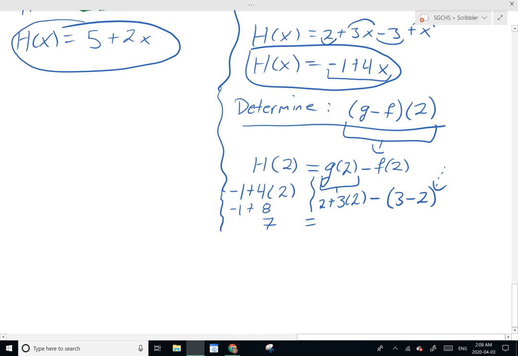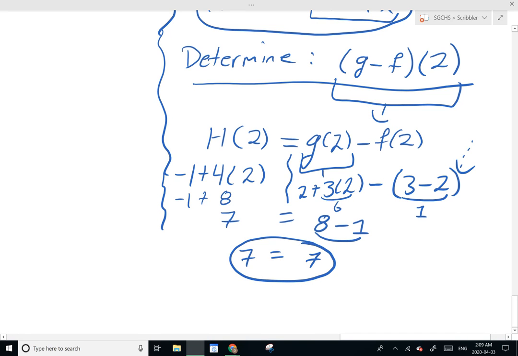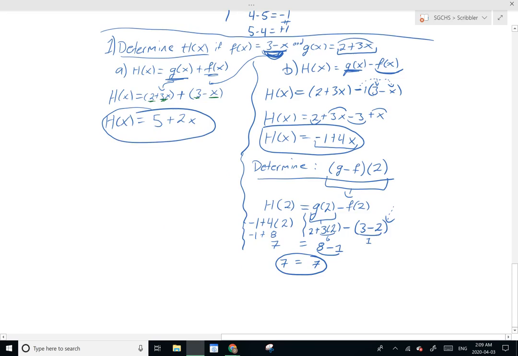Now we can simplify: 3 times 2 is 6, and 2 plus 6 gives 8. Then 3 minus 2 gives 1, so I get 8 minus 1, which gives 7. So two different ways to answer the same type of question.